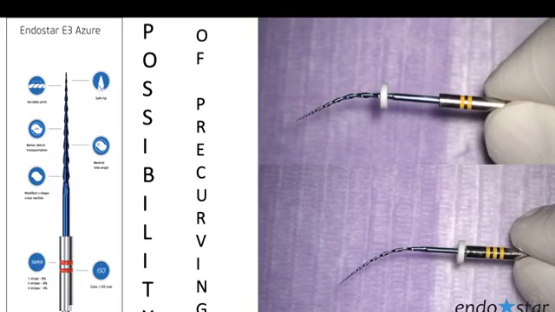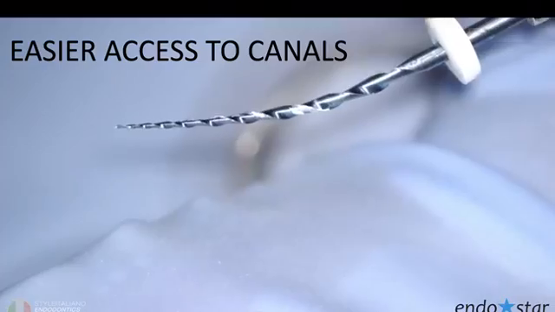So I can bend it before I go inside the canal. And when I am inside the canal, it will transform into austenite. So I can use the advantages of the austenite, which is the efficiency of the cutting of the instrument, and the advantages of the Martensite, which is the flexibility and the resistance, of course, to breakage.